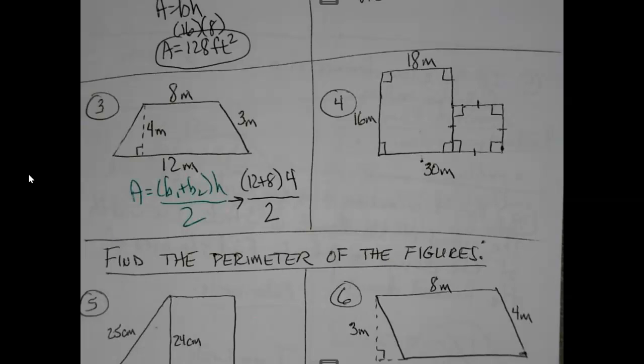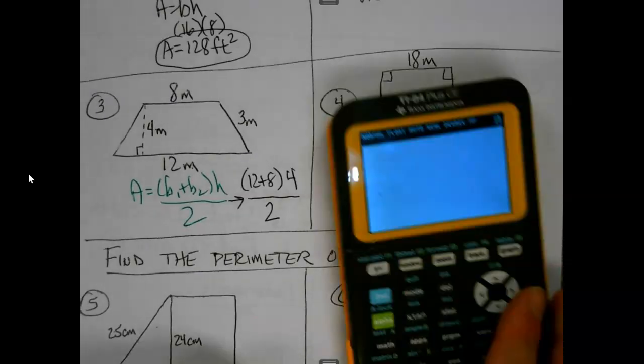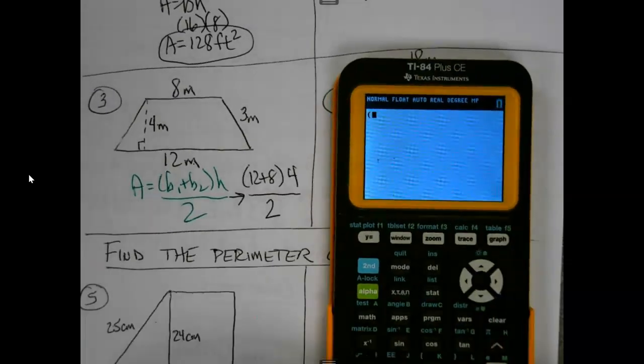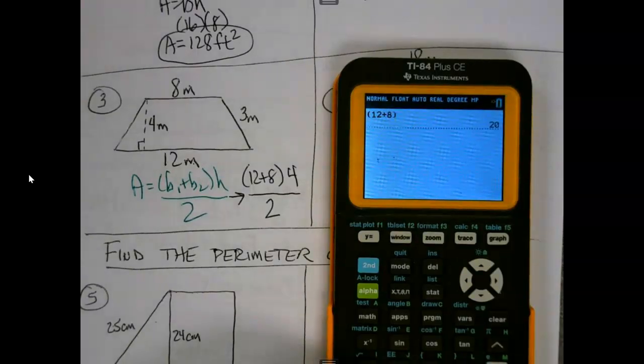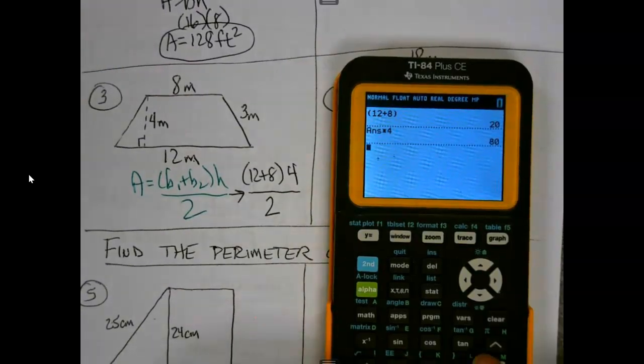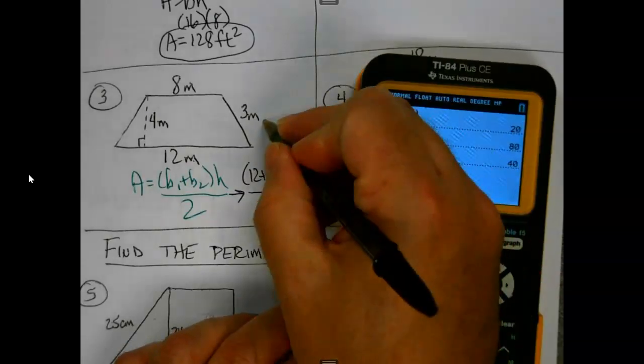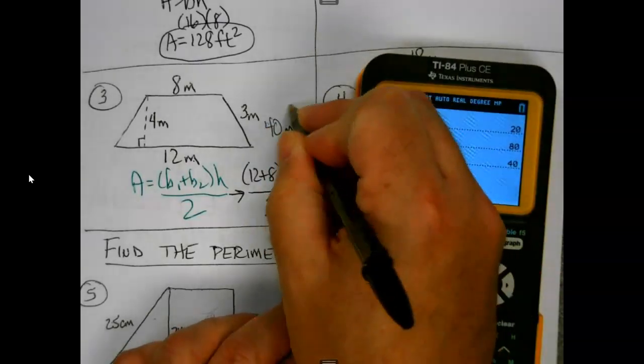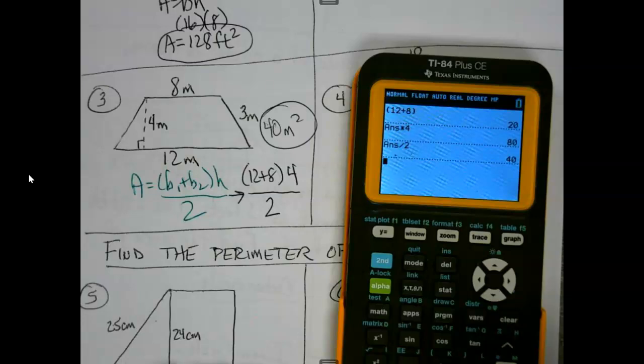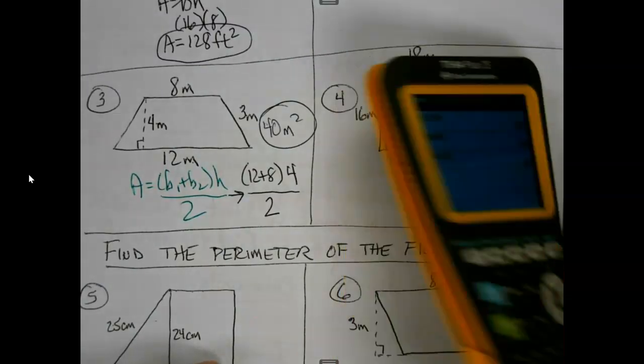Okay, so I look and I go, okay. I would be lucky enough that if I just typed all that in directly this time, the order of operations isn't going to mess with me. But I am still a fan of doing this a piece at a time, just because that way if there is an order of operations issue, it's not going to burn me and cause me a problem.